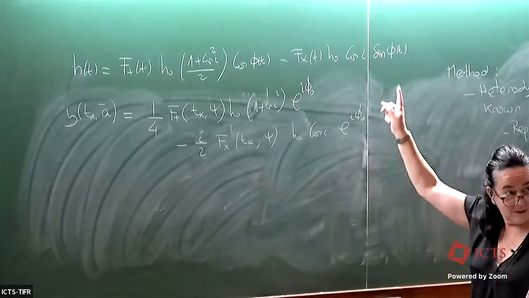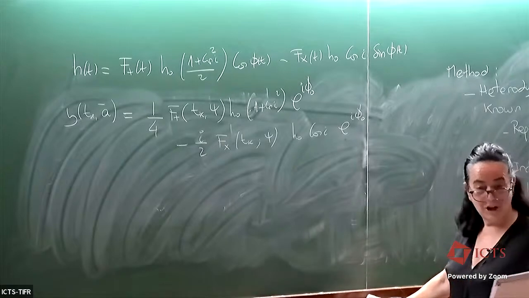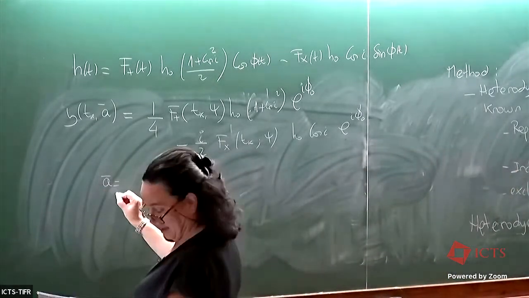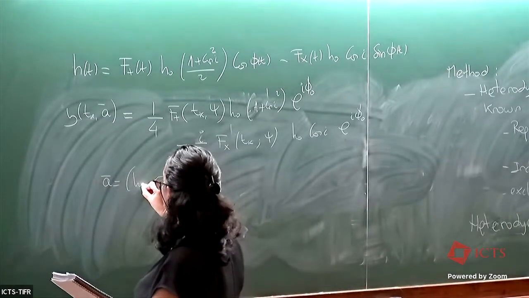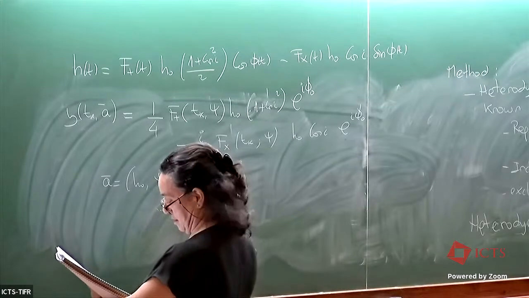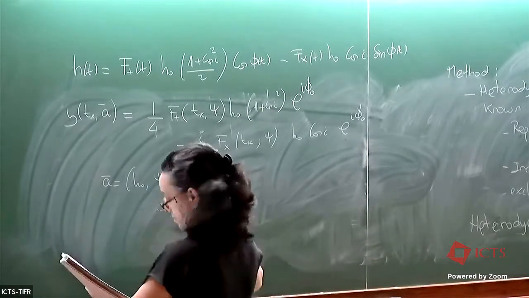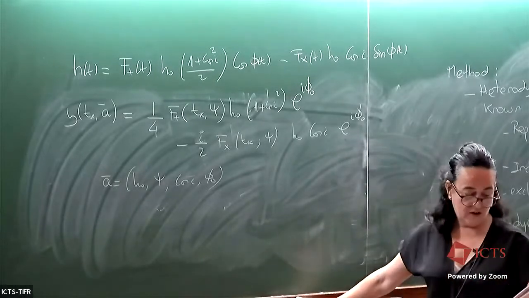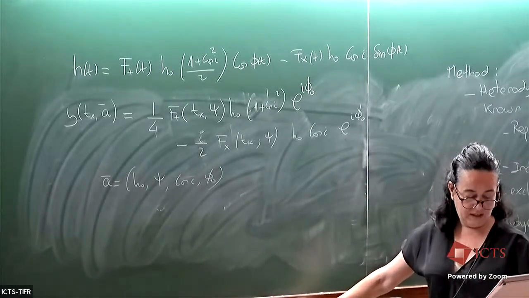That is very similar to the expression before. And this vector A are basically these amplitude parameters, so this is the vector with the signal parameters.